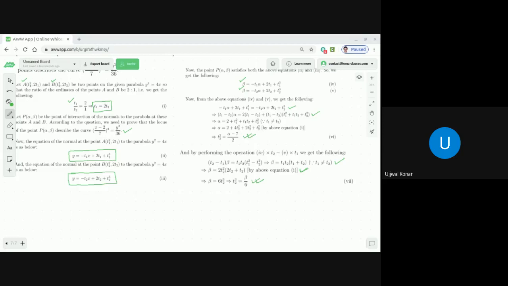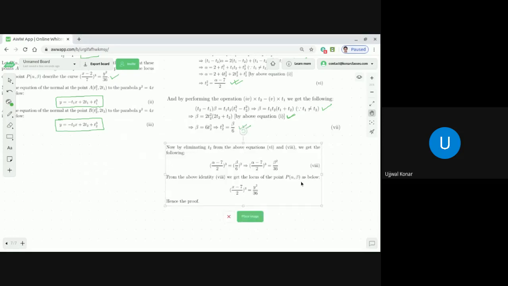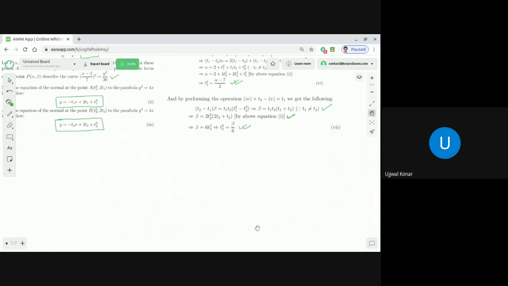Now our concentration is on equation number 6 and equation number 7. In equation number 6, we get T2 is equal to ((alpha minus 2) by 7) power 1 by 2.